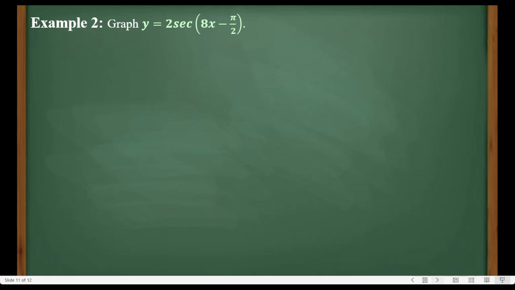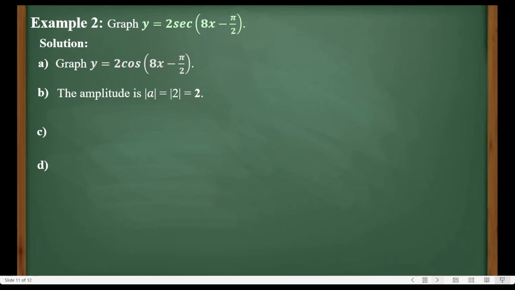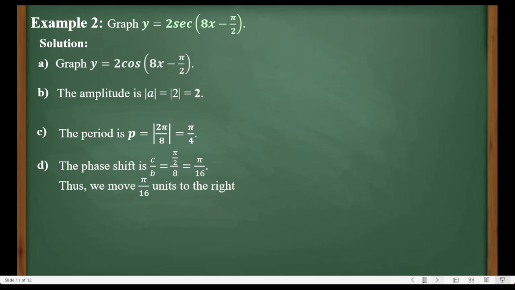Next, number 2. How about y is equal to 2 secant of quantity 8x minus 2 pi? Of course, we need to trace the graph of its reciprocal function. So the amplitude is 2, the period is pi over 4, and for the phase shift we have the formula negative c over b.